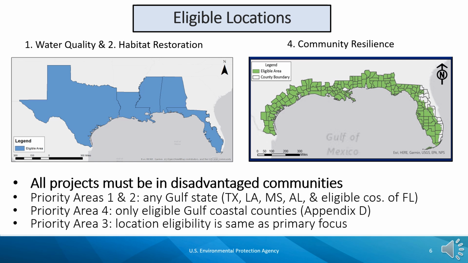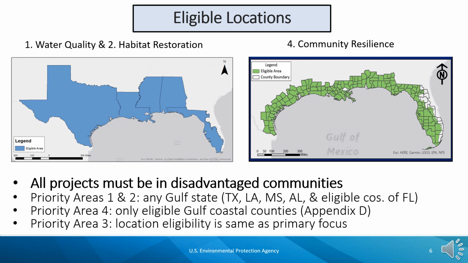All projects and project activities must be located in disadvantaged communities. Eligible locations are also dependent on the priority area of the application. If the primary priority area for the application is number 1, water quality improvement, or number 2, protecting, enhancing, or restoring habitat, projects may be located anywhere in the Gulf states of Texas, Louisiana, Mississippi, and Alabama, and in the eligible counties in Florida that drain to the Gulf of Mexico.